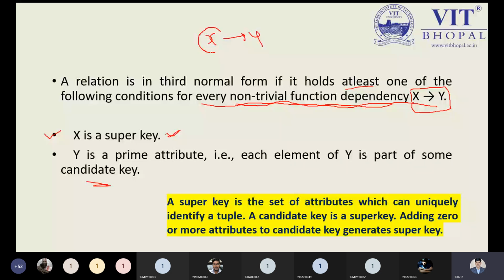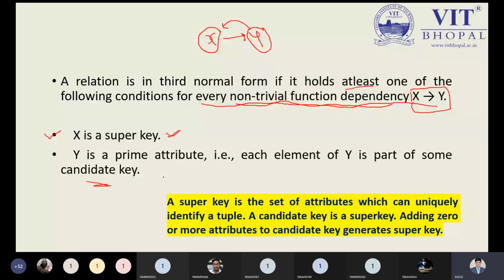If Y is a prime attribute, then each element of Y is a part of some candidate key. It means that in a non-trivial dependency, Y should not be part of X. But if it is a part, then we need to take care that each element of Y is a part of some candidate key.